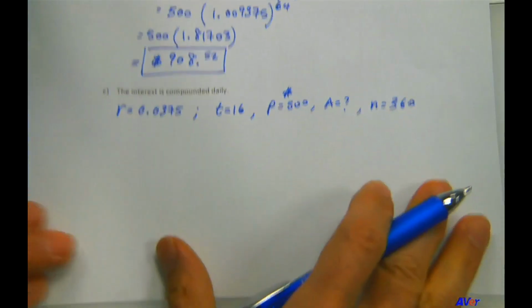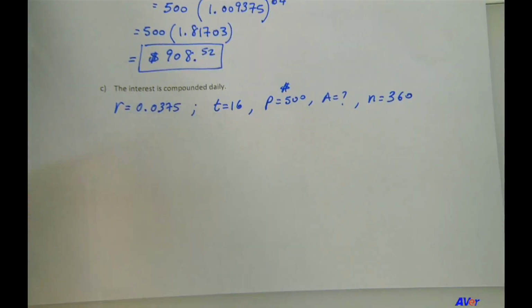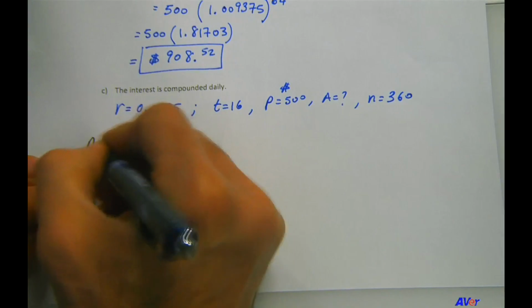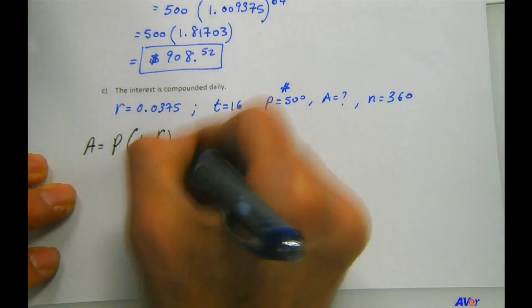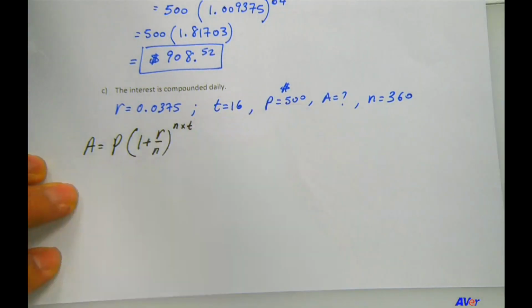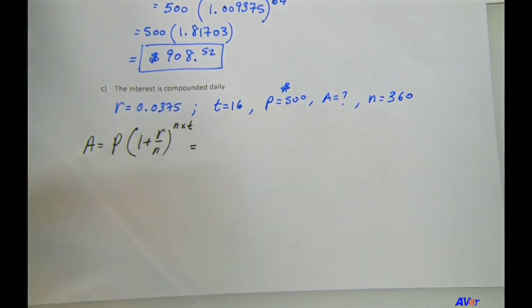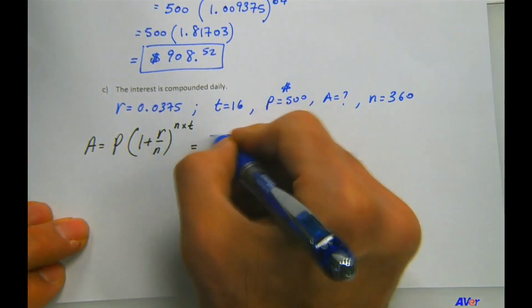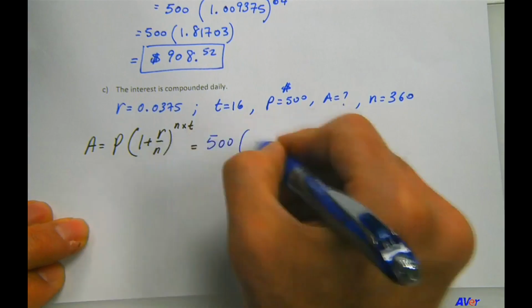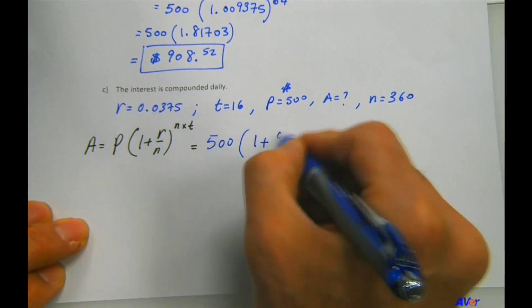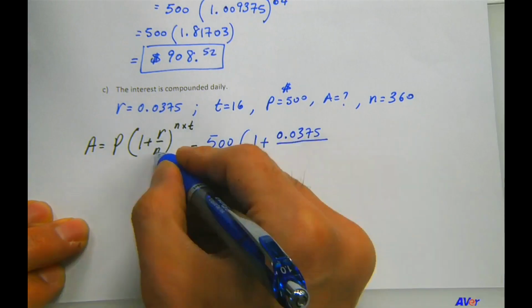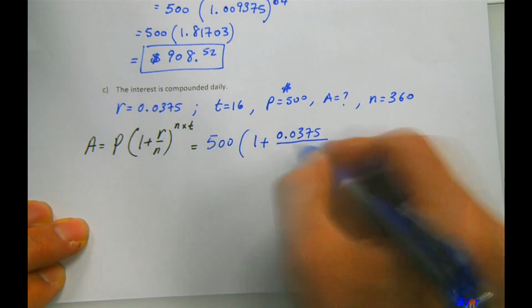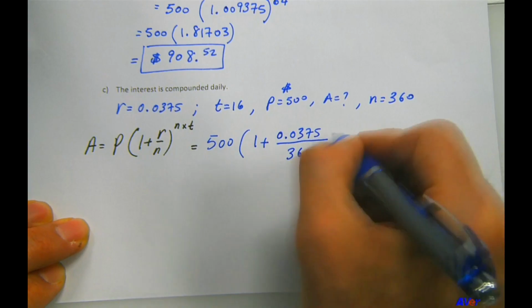Okay. All right, so the formula, once again, let's keep it in front of us. It's future value equals P times (1 plus R over N) to the N times T power. Okay, so let's plug in. For P, we still have $500. 1 plus 0.0375 divided by N, which is 360.